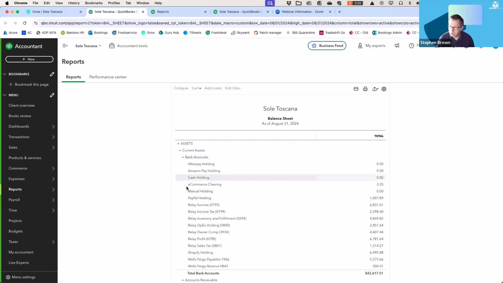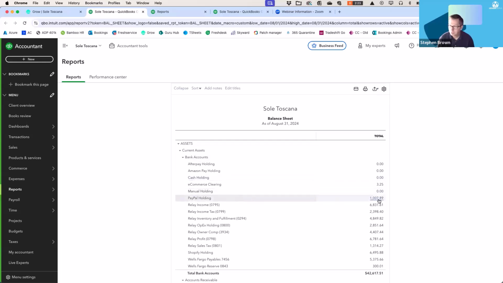You'll see that we have a bunch of bank accounts because we do Profit First. So we do that little game. And for people that do Profit First, they may have a few more bank accounts. But then we also have these holding accounts, which I love to see being very low. It means that we've pulled cash.